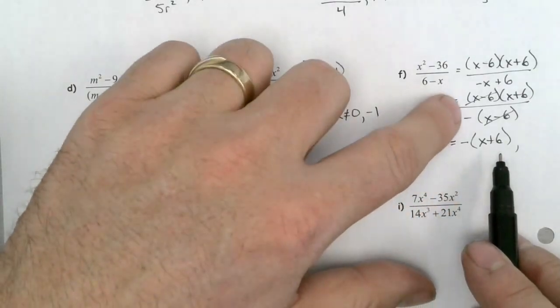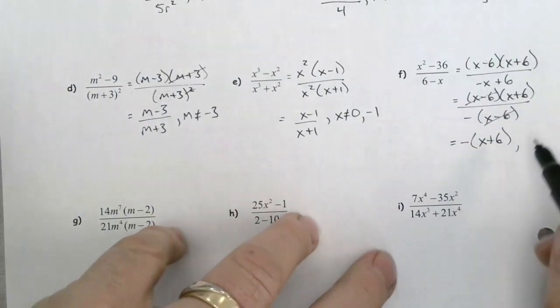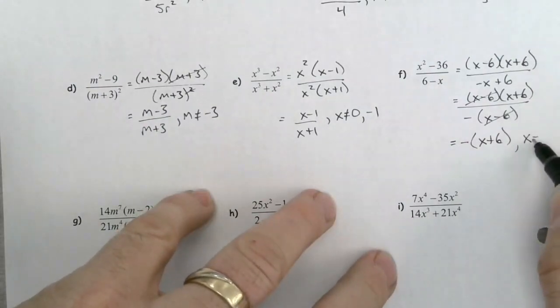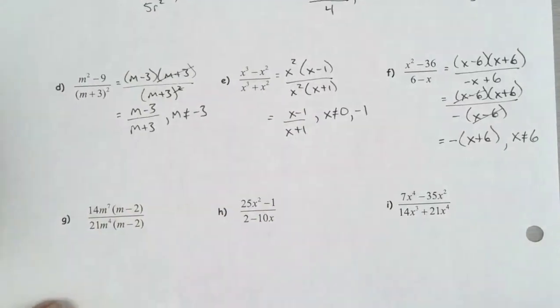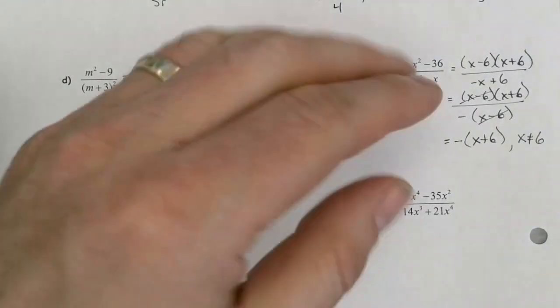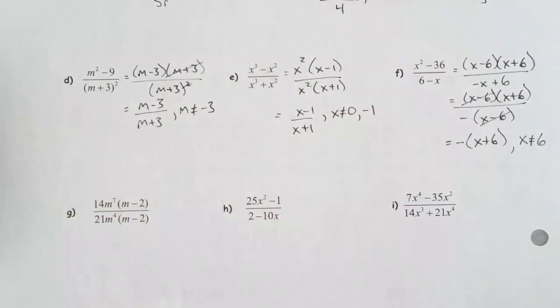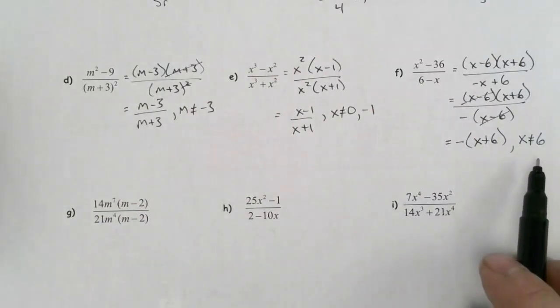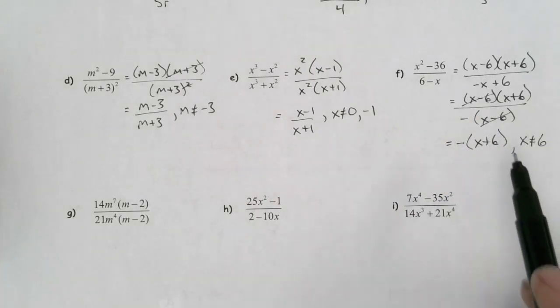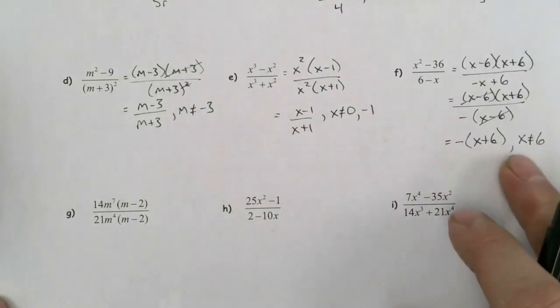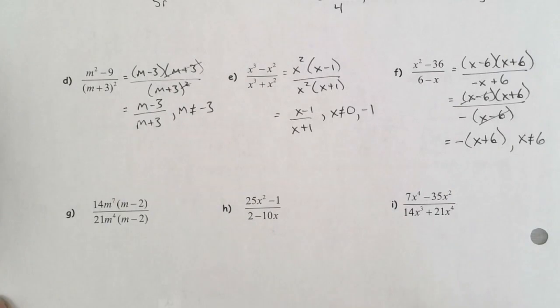But the expression did have a denominator. So at one point, we could not allow x to become positive 6. And in order for this to maintain its equality all the way down, step by step, I need to state that. Even though that particular restriction has visually disappeared, it has not disappeared in the problem, and so I need to be explicit about that restriction there.